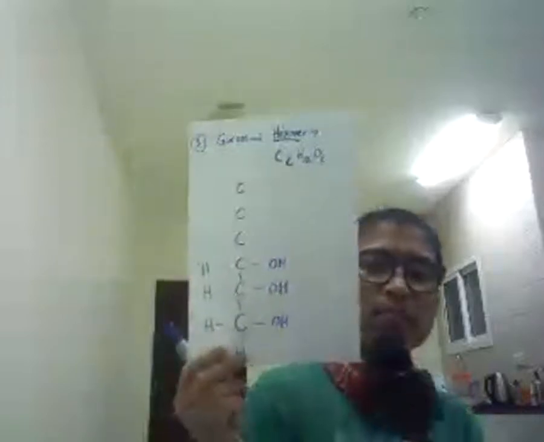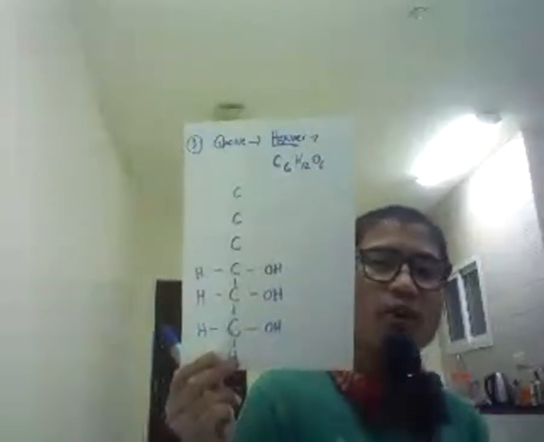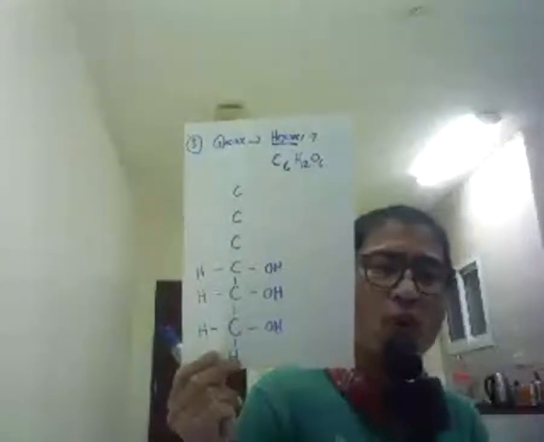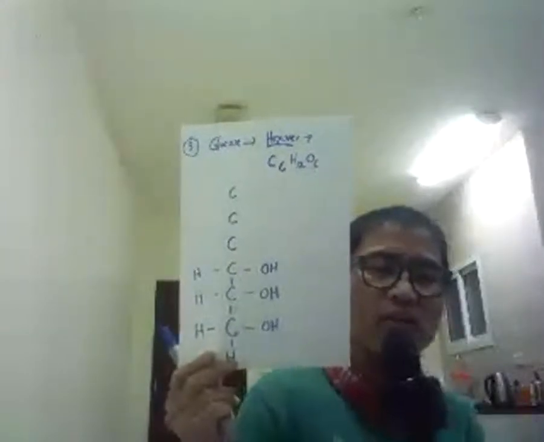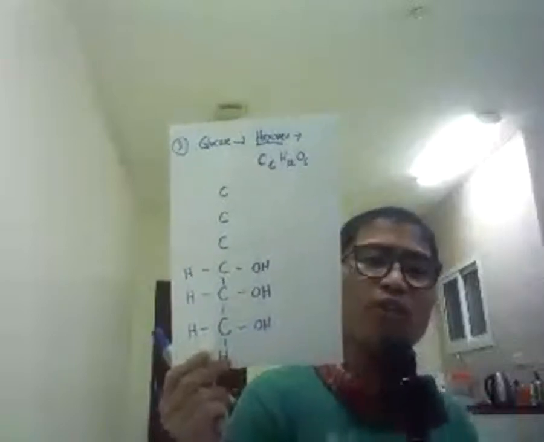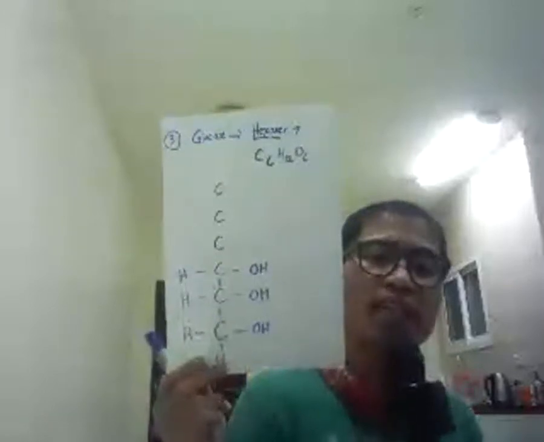Then you have to number it from the bottom. For example, the bottom part will be carbon number 1, then going up, carbon number 2, 3, 4, 5, and carbon number 6. In carbon number 4, the hydrogen and the hydroxyl bonding are reversed.